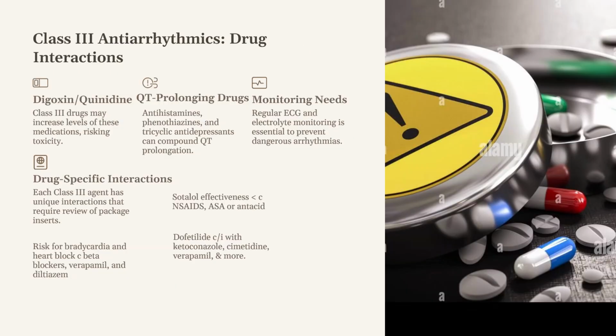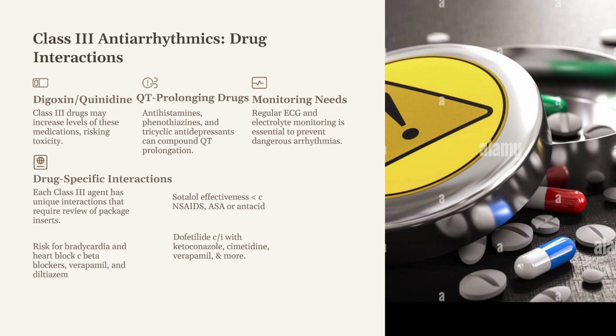Okay. Other drugs that they may interact with: digoxin and quinidine, there's a risk for toxicity. Other things that affect their QT interval, like antihistamines, phenothiazines, tricyclic antidepressants.